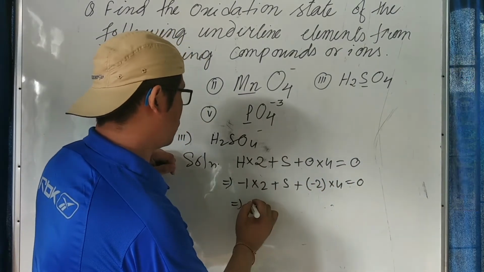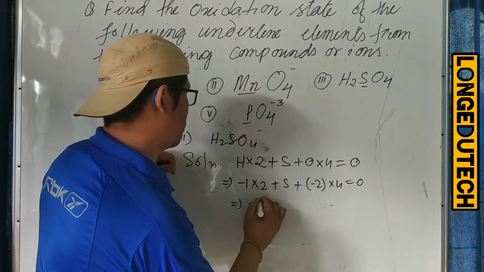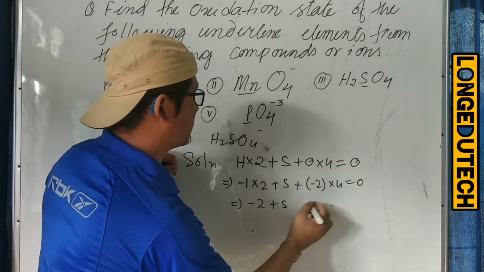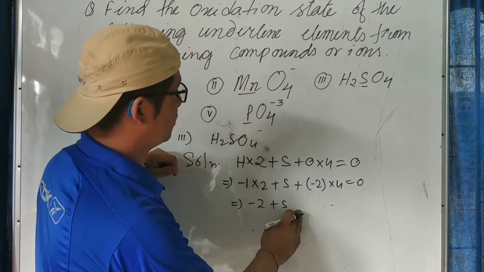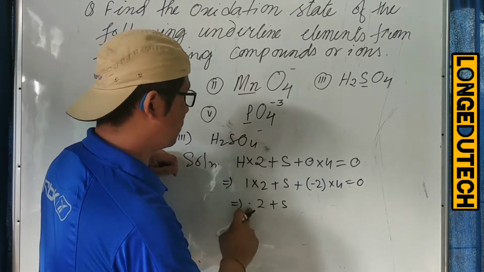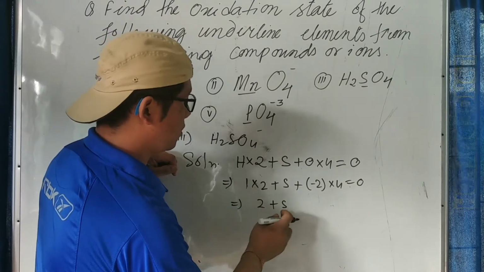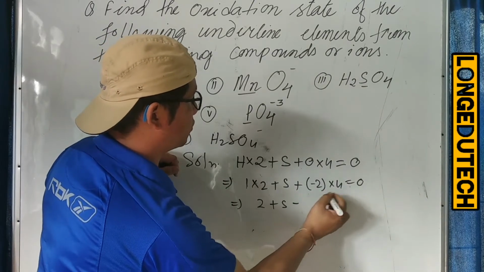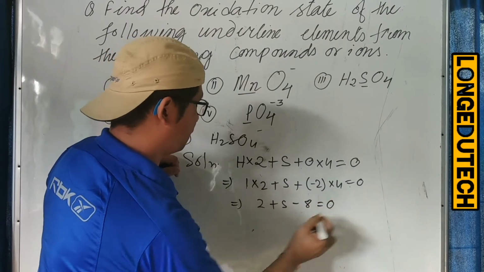Oh, sorry, this hydrogen is not minus, this is plus only. So 1 into 2, and then minus 4 into 2 is minus 8, is equal to 0.